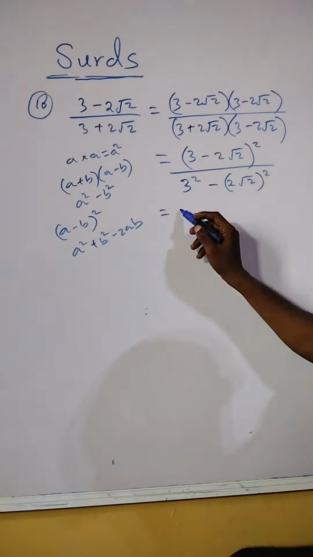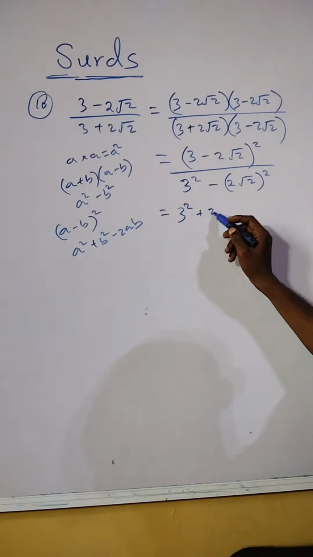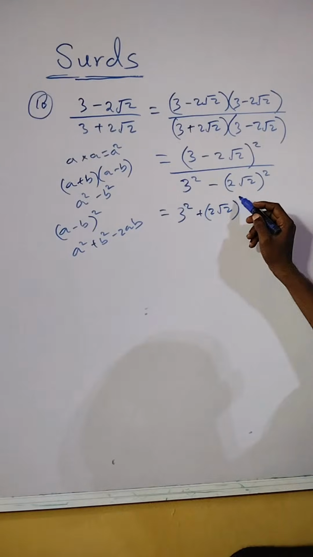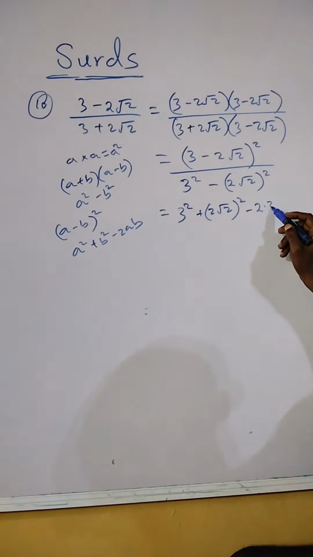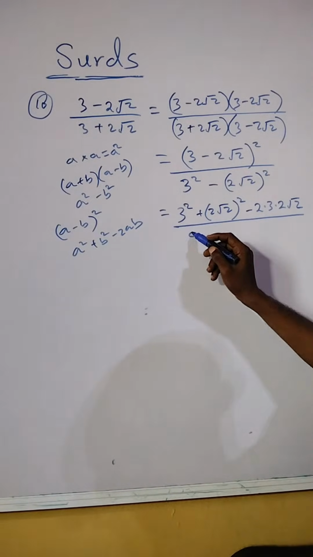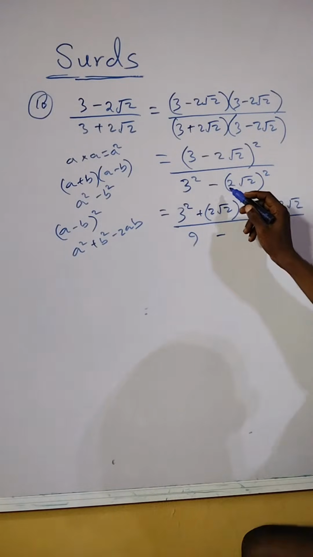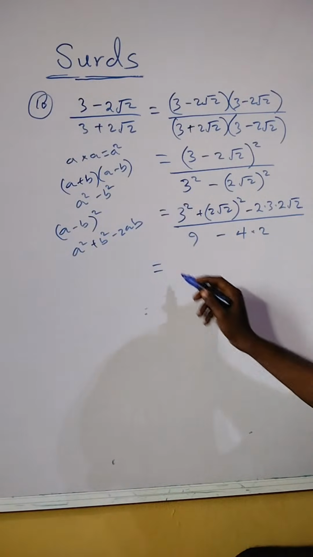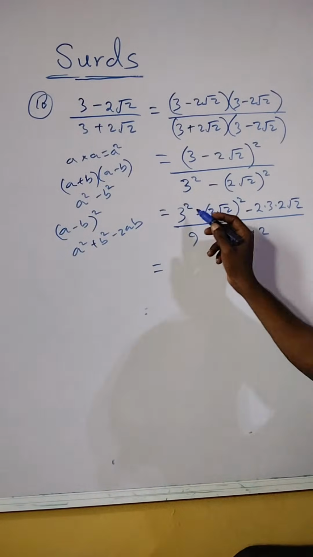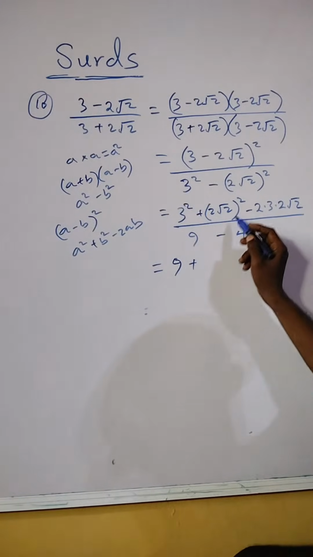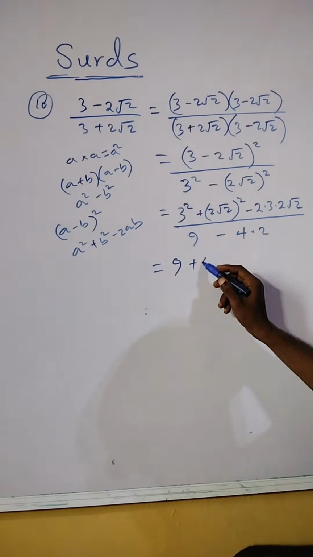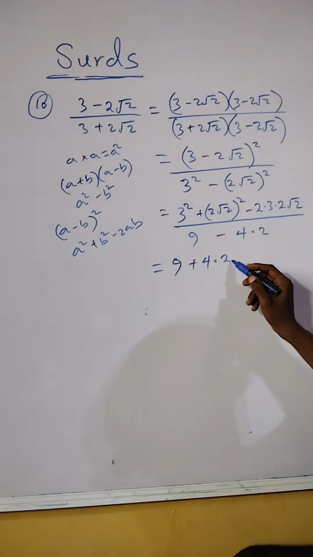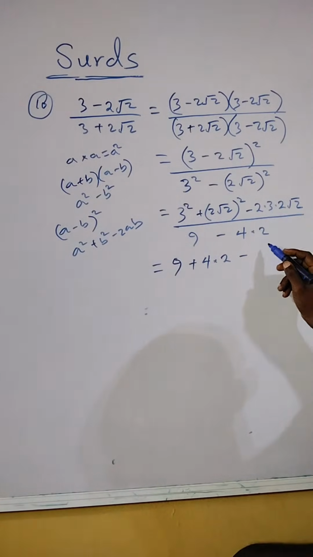Here, this gives us 3 square plus 2 root 2 all square, then minus 2 times 3 times 2 root 2, divided by 3 square, that's 9, minus 2 square, that's 4, times root 2 square, that's 2. Solving further, 3 square is 9 plus 2 square is 4 times root 2 square is 2, minus 2 times 3 times 2, that's 12, that's 12 root 2.